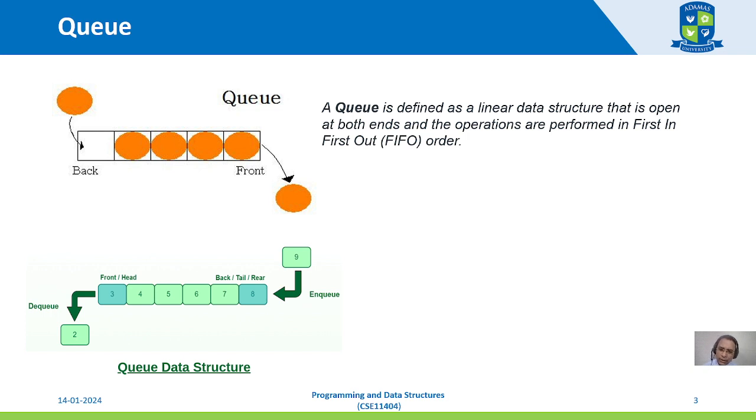So when we talk about the queue, we follow first in, first out. That means the first position will come out of the queue first, then sequentially other elements will come out as per their order.